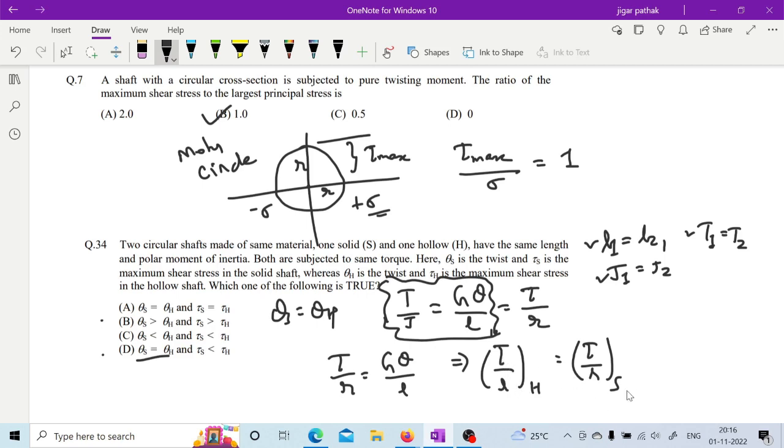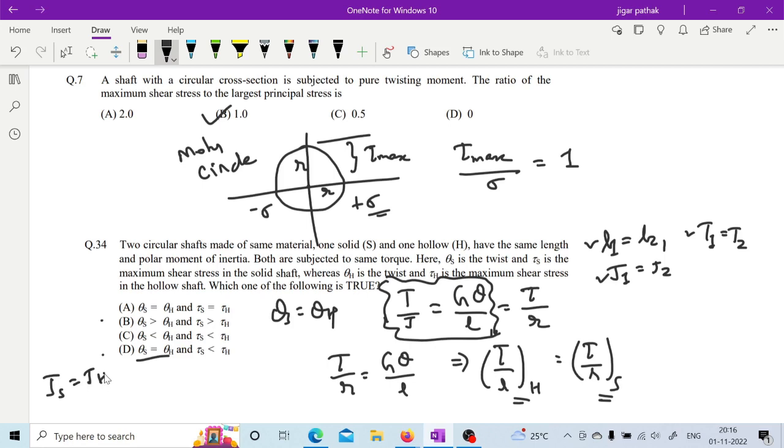In the case of this shaft, the radius of the solid shaft will be less than the radius of the hollow shaft. Why? Because J is the same for both.